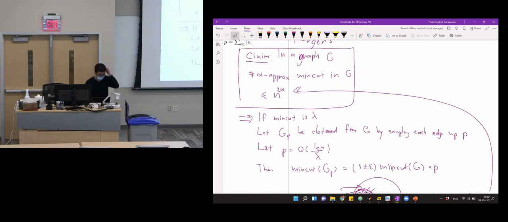This is why you can use the Chernoff and union bound and say that not just min cuts, but every cut would concentrate around its expectation.